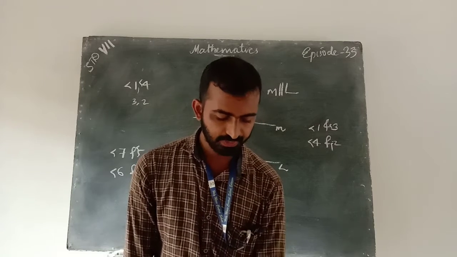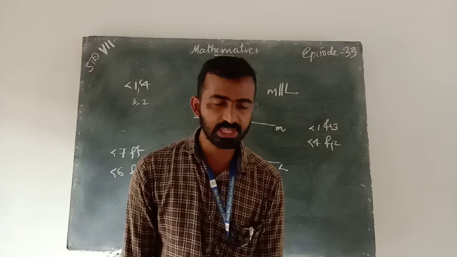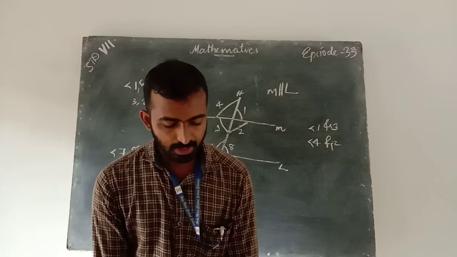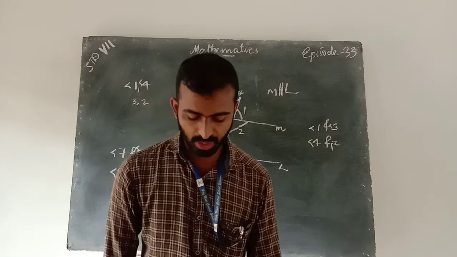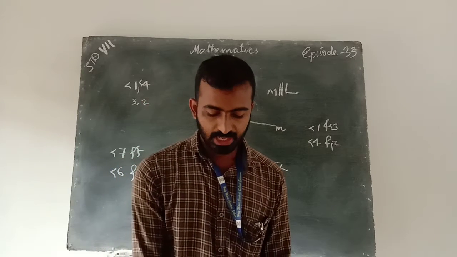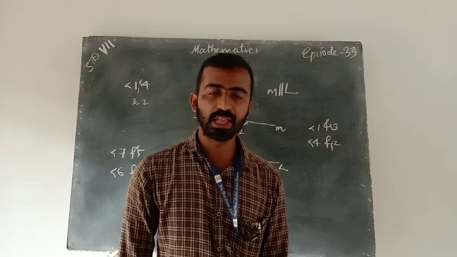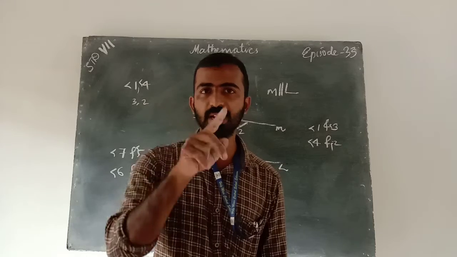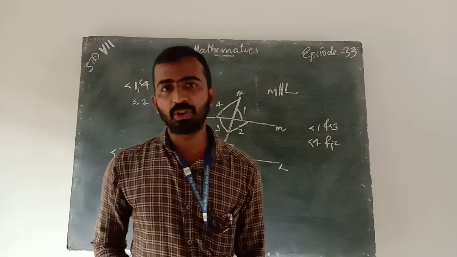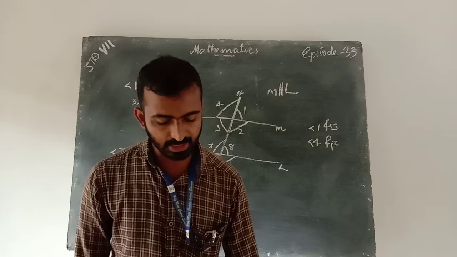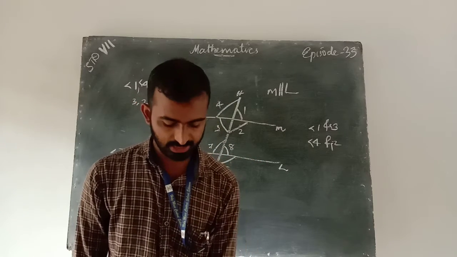Are you ready? In your textbook, just read page 105 to 109. There are 3 properties given in a box. The alternate angles are equal and corresponding angles are equal. Is it? Yes.